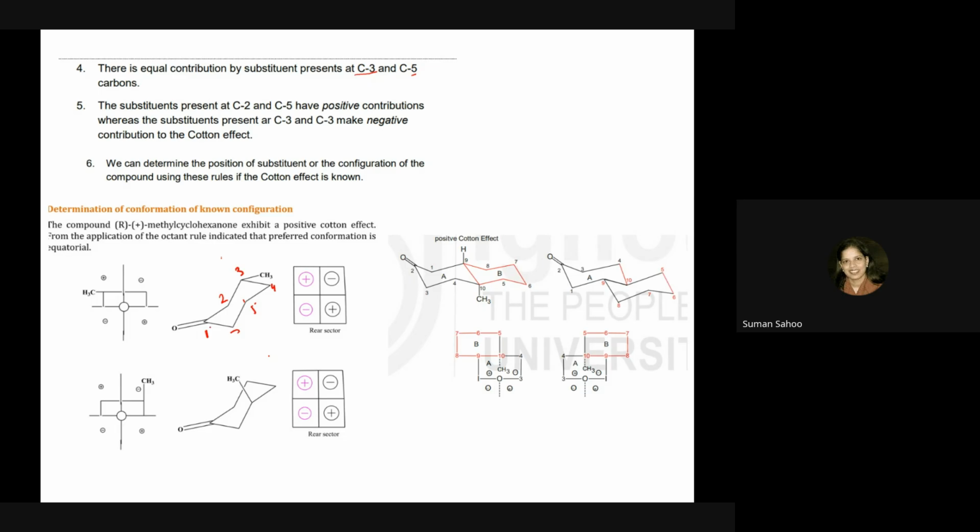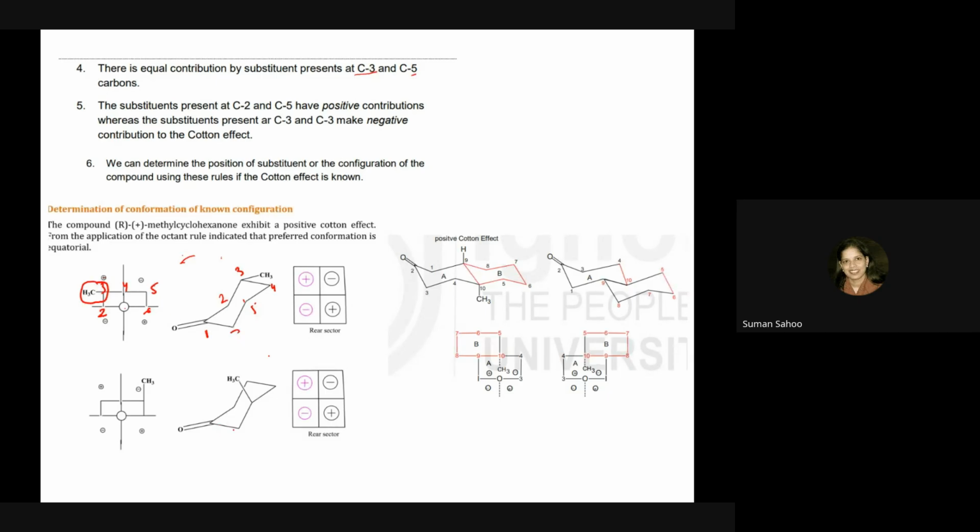Carbon number 2 is on the left side of this one, and this is your 3, this is 4, 5 and 6. 6 is on the right-hand side, so this is the center. Now you just see plus minus minus plus, that is your rear sector, and this CH3 group is present in your positive quadrant. That means it would give you a positive Cotton effect.